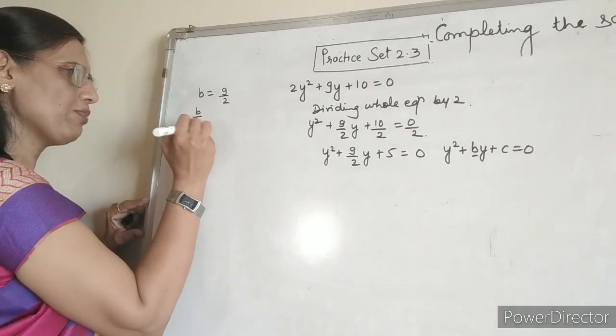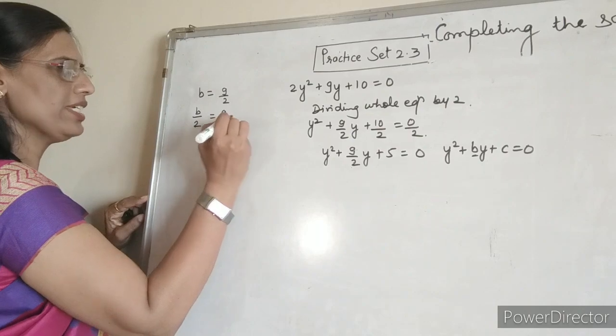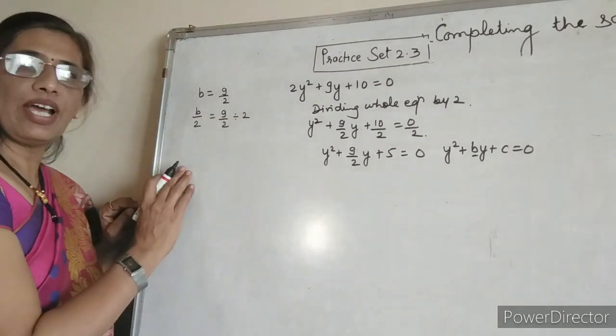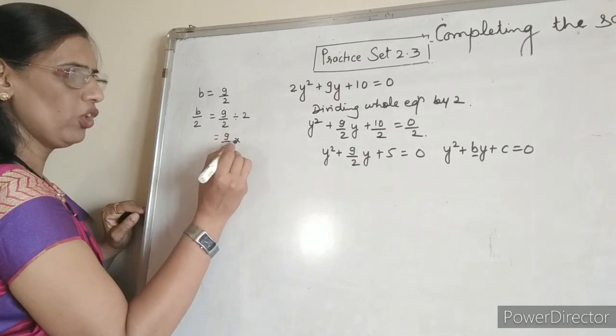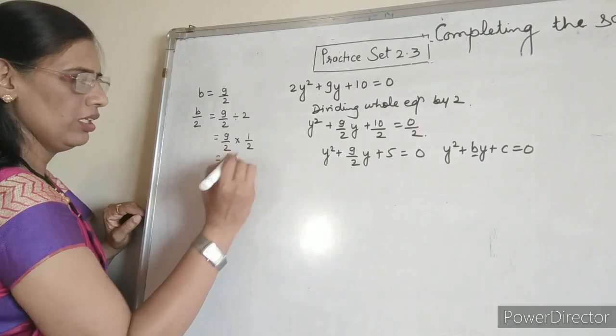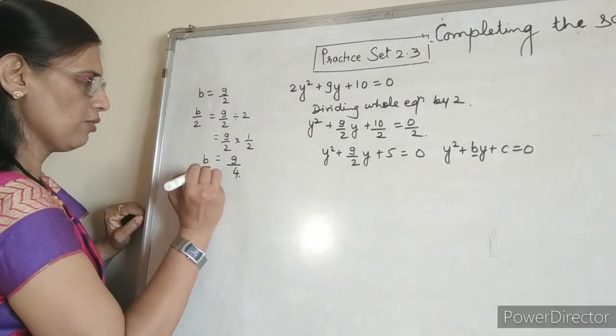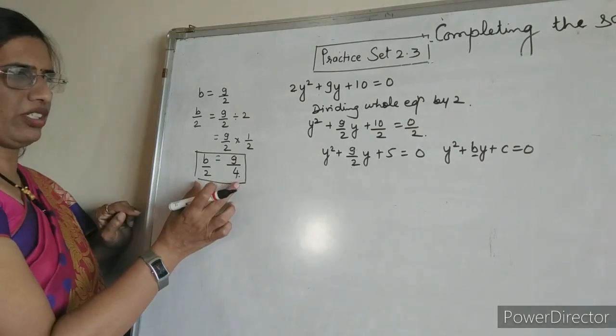Now the next step is b upon 2. b upon 2 means b divided by 2. I will write this as 9 upon 2 divided by 2. Now this can be written as 9 upon 2 into 1 upon 2, right? And we get 9 upon 4. Thus the value of b upon 2 is confirmed. This is the most important step.